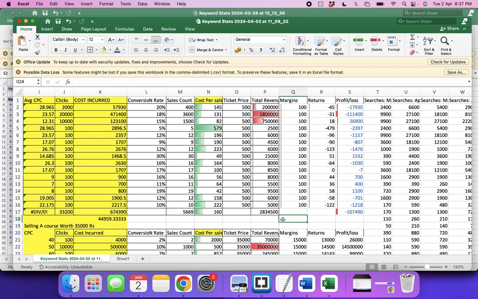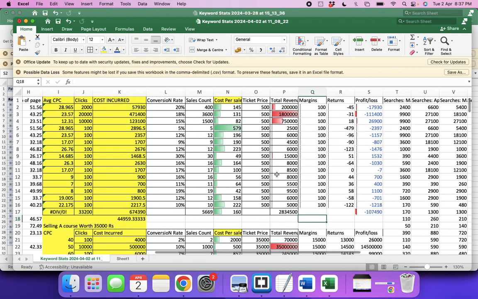If you are a business owner, if you are running a business, you compulsorily have to do this calculation and understand that. See, you seeing negative numbers here doesn't mean you should not run it. This is a rough calculation. In real time, this conversion rate might go to 30 percent, and of course, you are profitable. Why is it 30 percent? Because you are already a credible trainer or a credible brand in the industry.